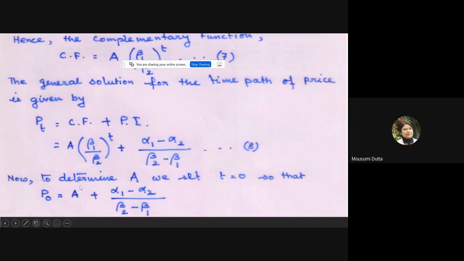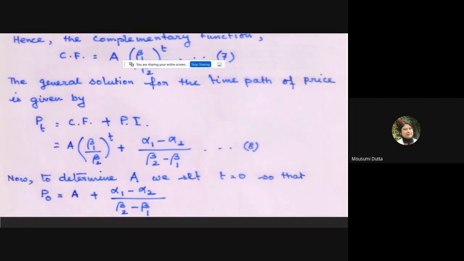Something to the power 0 is equal to 1. So A plus alpha 1 minus alpha 2 divided by beta 2 minus beta 1. And from there, we get the value of A, which is equal to P naught minus alpha 1 minus alpha 2 divided by beta 2 minus beta 1.